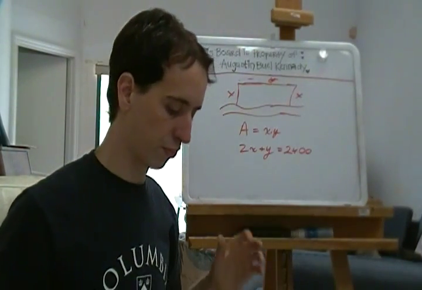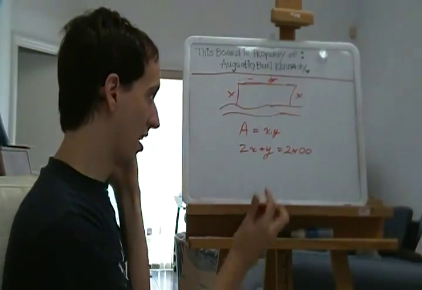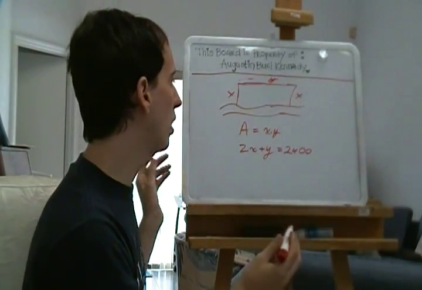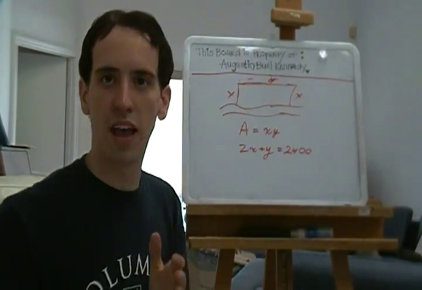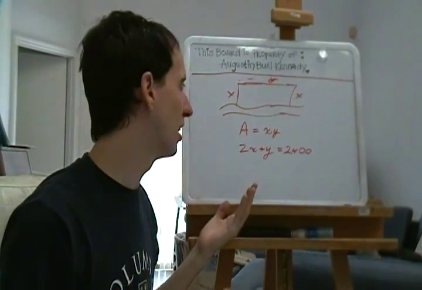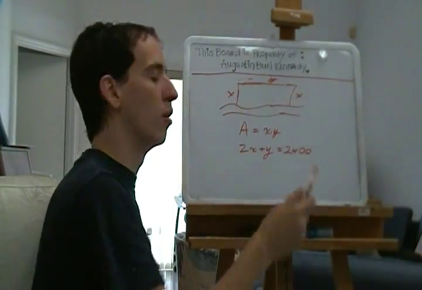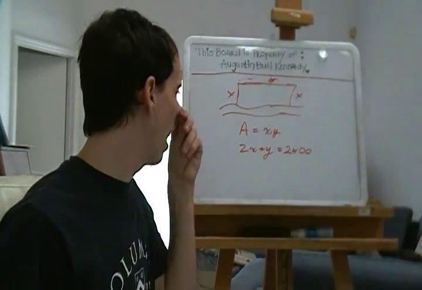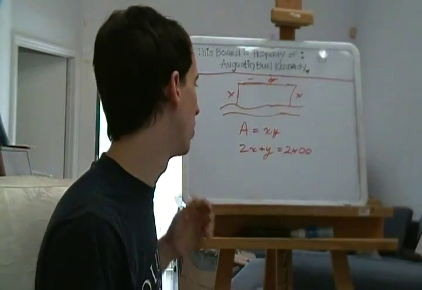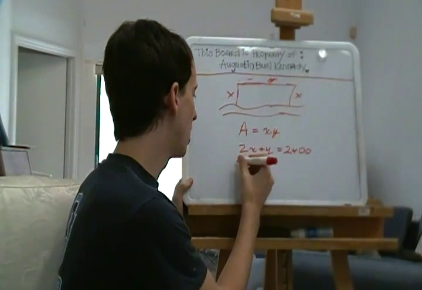Okay, now, once we have that, what we can do here is find y in terms of x. Why would we want to do that? Well, because this isn't multivariable calculus. You don't need to work with both x and y, not when we can find out what y is in terms of x. So let's go ahead and set it up.